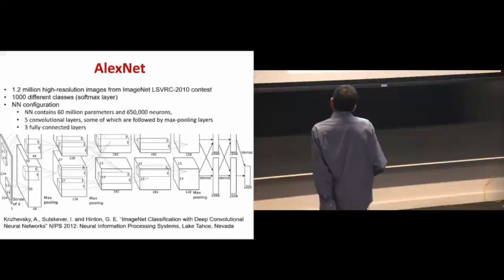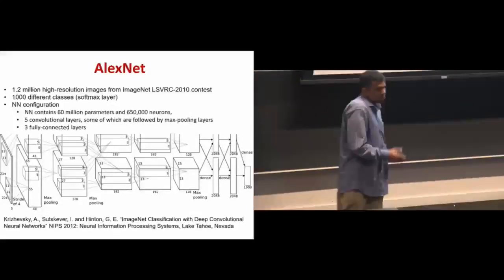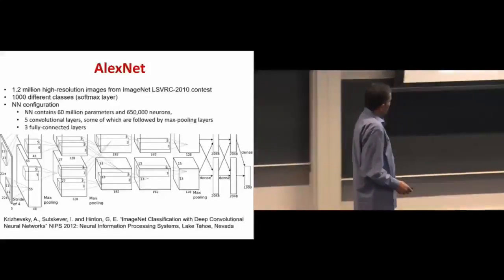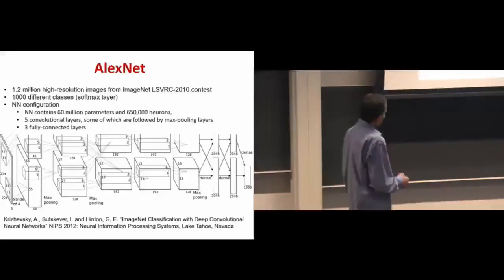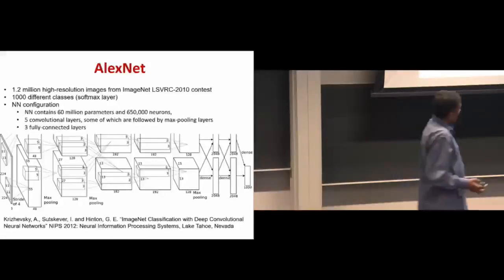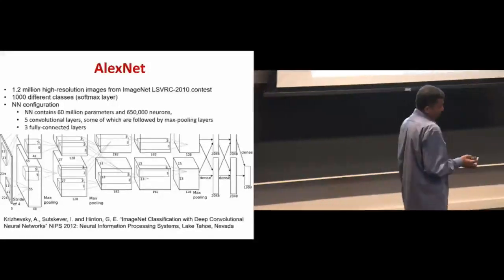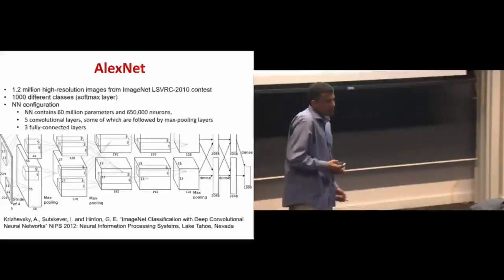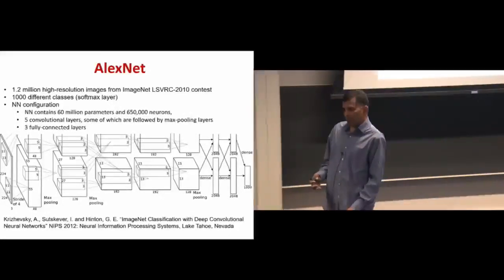And for the first several years, the performance was pretty poor. Then I think this was in 2012, Krizhevsky, Sutskever, and Hinton came up with this breakthrough. They came up with a very complicated convolutional network. The network was so complicated that they couldn't even print a diagram of it in their paper.